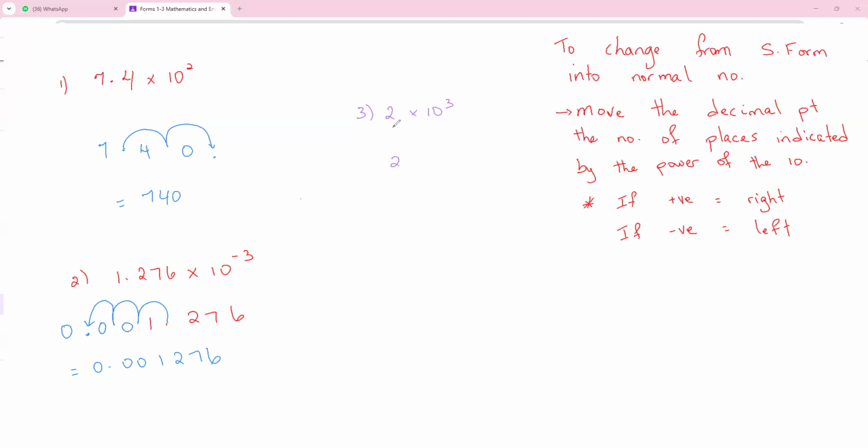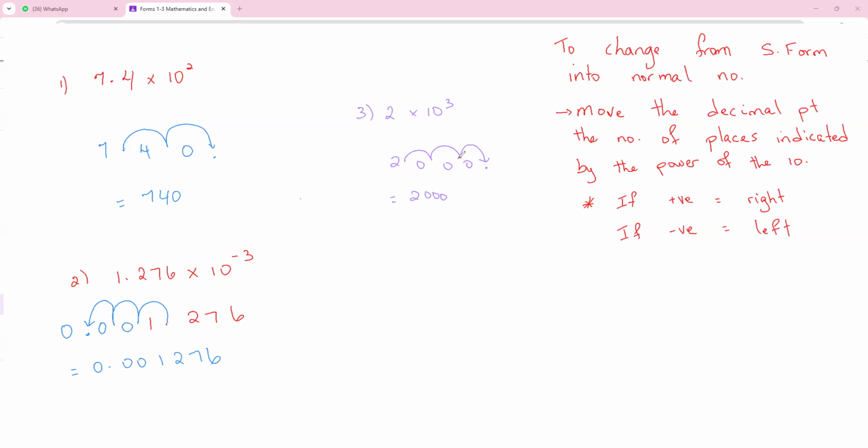Remember, if it's a whole number, we understand that the decimal point is after, and you're moving the point 3 places to the right. 1, 2, 3. Where you land, you put your point. Fill each hump with a 0. So that's 2,000.